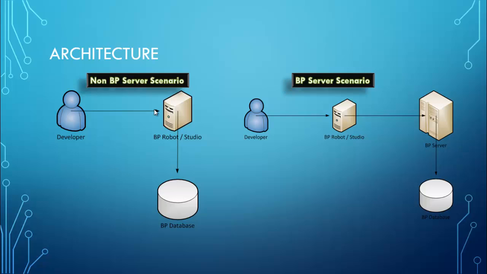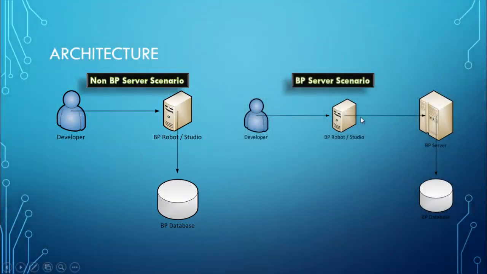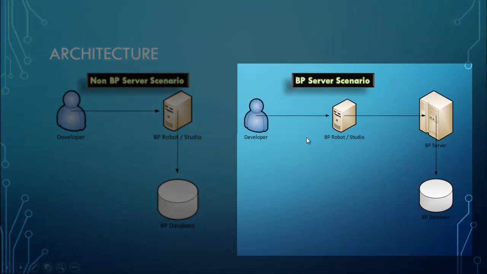When you install your BluePrism binaries, then you directly connect to your BluePrism studio. You log in using username and password, and in the backend it directly connects to your database like this. And when you are connected to a BluePrism server, then you first connect to your studio, which in turn calls your BP server.